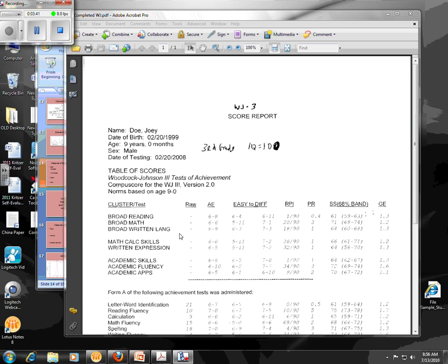And the column most important for this discrepancy formula is the column of standard scores, SS. Standard scores are on the same metric as IQ scores. So you see this child with a standard score in reading of 61, math 71, and broad written language 64.